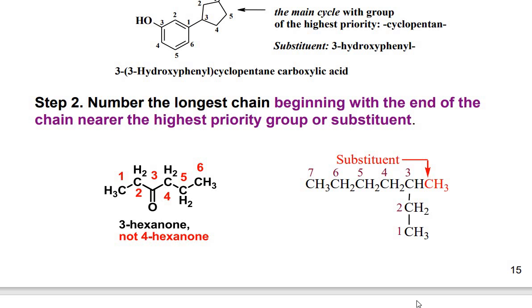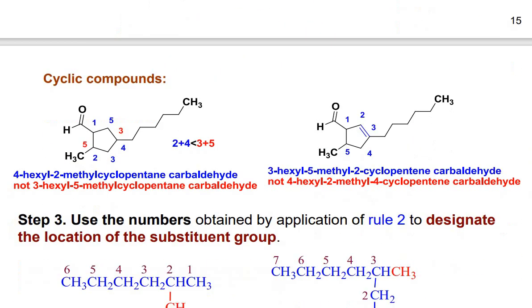If you want to write the nomenclature of this compound, it is 3-hexanone, not 4-hexanone. Why? Due to the priority order. Substituents, you can see this, not this one. So my friend, for the cyclic compound, it is 4-hexyl 2-methyl cyclopentane carbaldehyde, not 3-hexyl 5-methyl cyclopentane carbaldehyde.